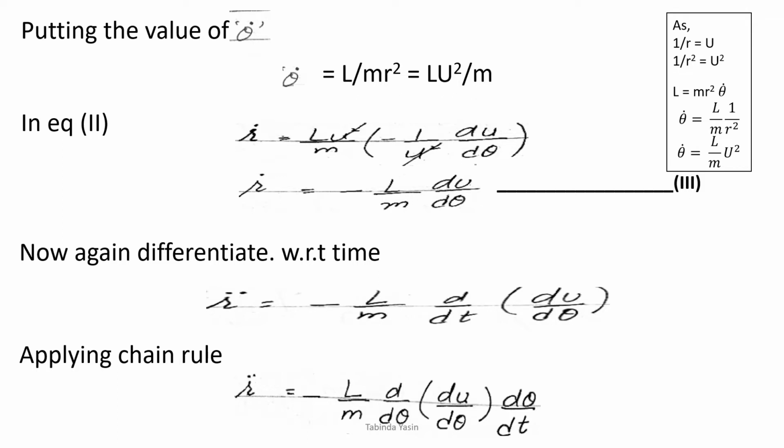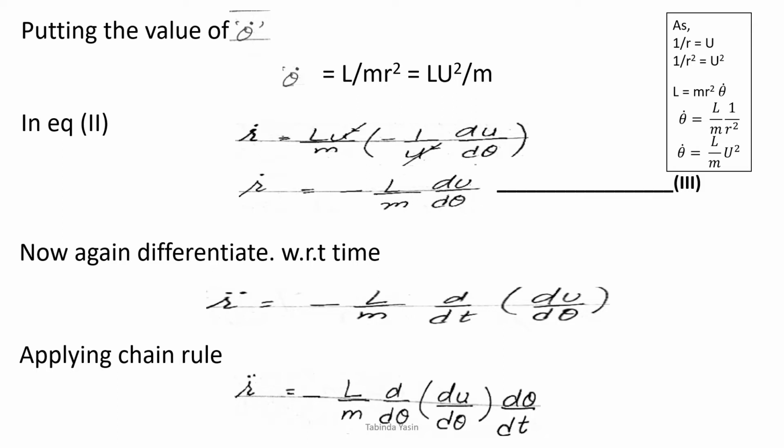Now again applying the chain rule, as we need the value of du over d theta, so multiplying and dividing by d theta and rearranging, we get r double dot is equal to minus L over m into d over d theta into du over d theta into d theta by dt.